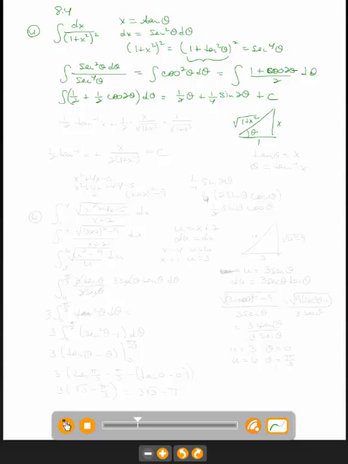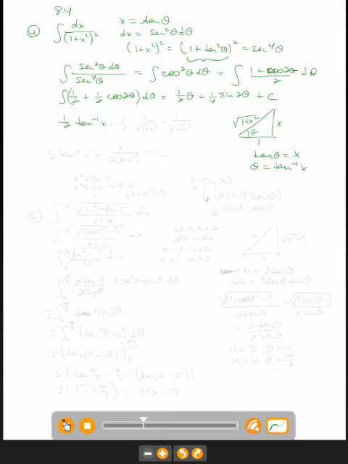So let's do the 1/2 theta first. The tangent of theta is x, so if I'm solving for theta, that would be arctan of x. So my 1/2 theta is going to be 1/2 arctan of x.